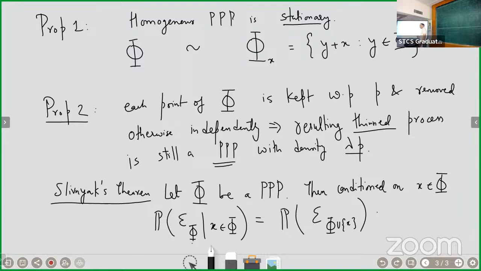The way to think about it is, forget the probability. For any one realization of phi, you always add X to it and compute how often this E happens, and then take an expectation.